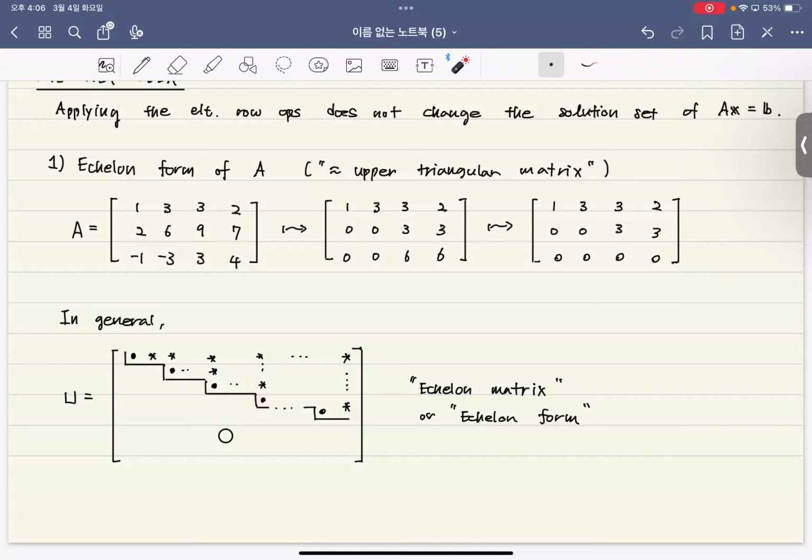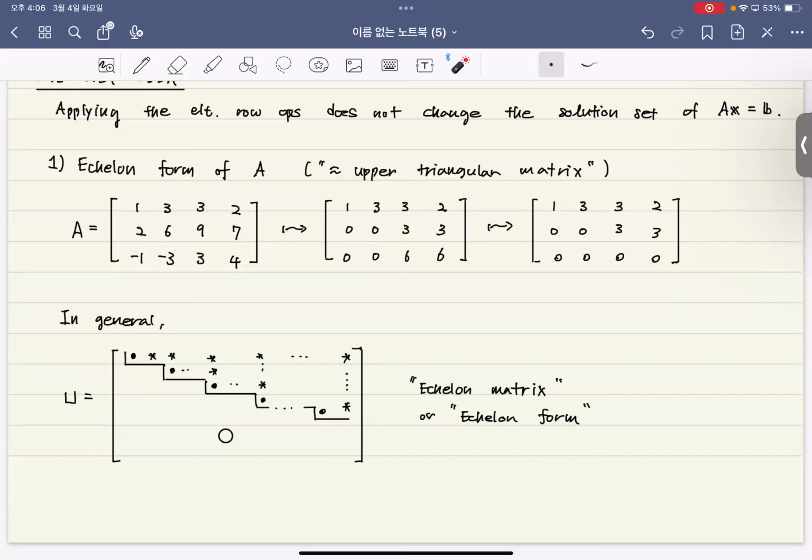It is a stair-shaped collection of entries. As you see here, the entries with a dot are guaranteed, because of the construction of the echelon matrix, to be non-zero numbers.